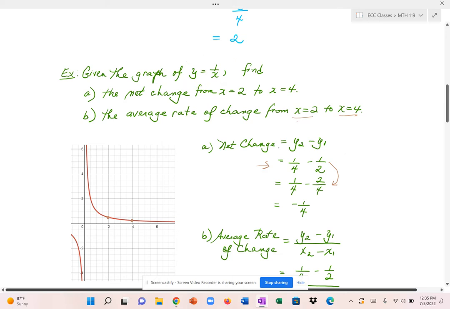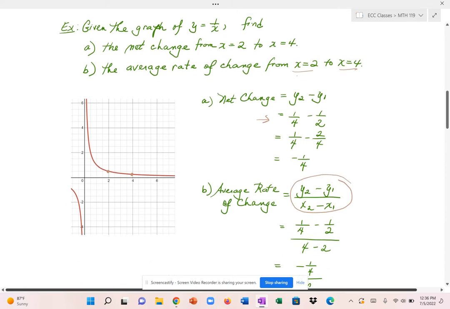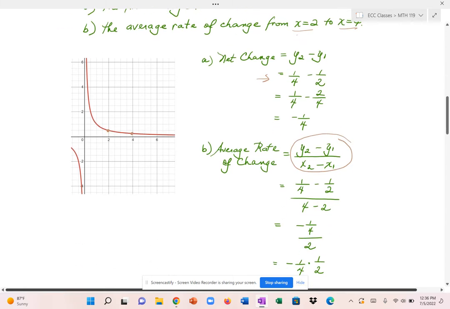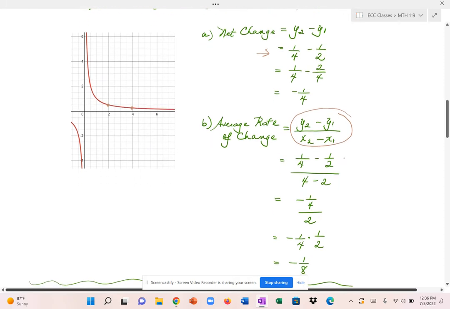So net change, that's the formula that you need to use. Now the difference with average rate of change is that I need to take the net change, that's going to be my numerator, but divide it by the difference in your x values. So I already did the work for y sub 2 minus y sub 1. This works out to be -1/4. It's what we got up here.